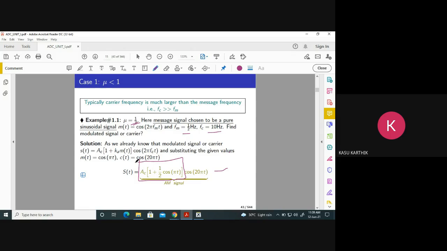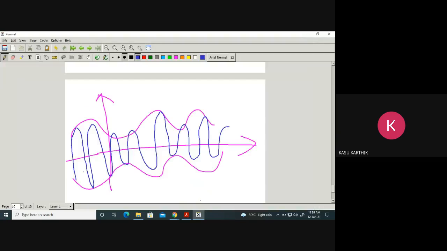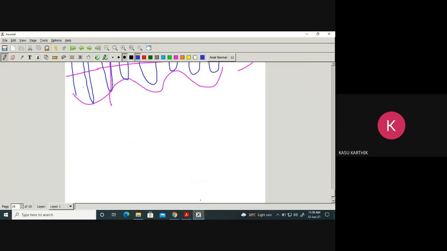So let me write: the amplitude of this carrier after modulation is Ac, it could be any value, times 1 plus 0.5 cos pi t.